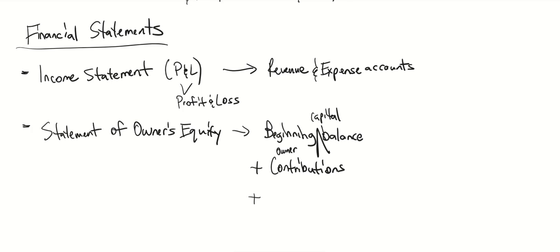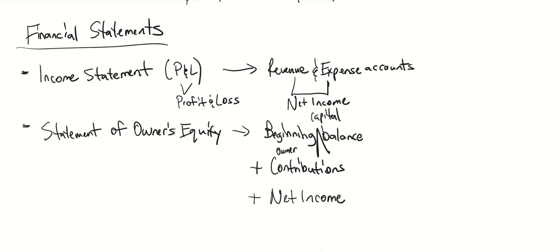Then we're also going to add net income. Net income comes from the P&L, the income statement here. Oh, I just realized I spelled income wrong. I just left out the C. So the way to figure out the net income is you take your revenues and subtract out your expenses, which is shown on the income statement, to get your net income.